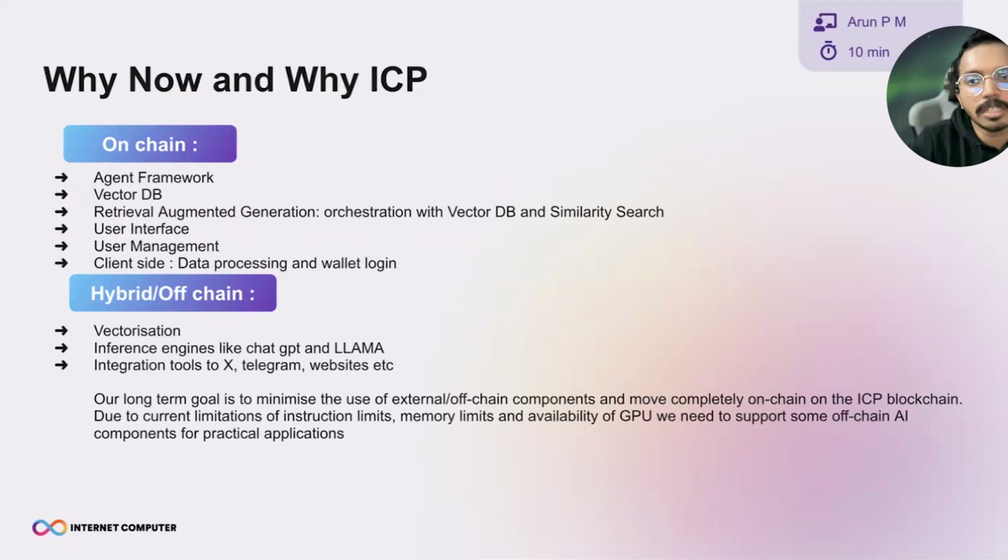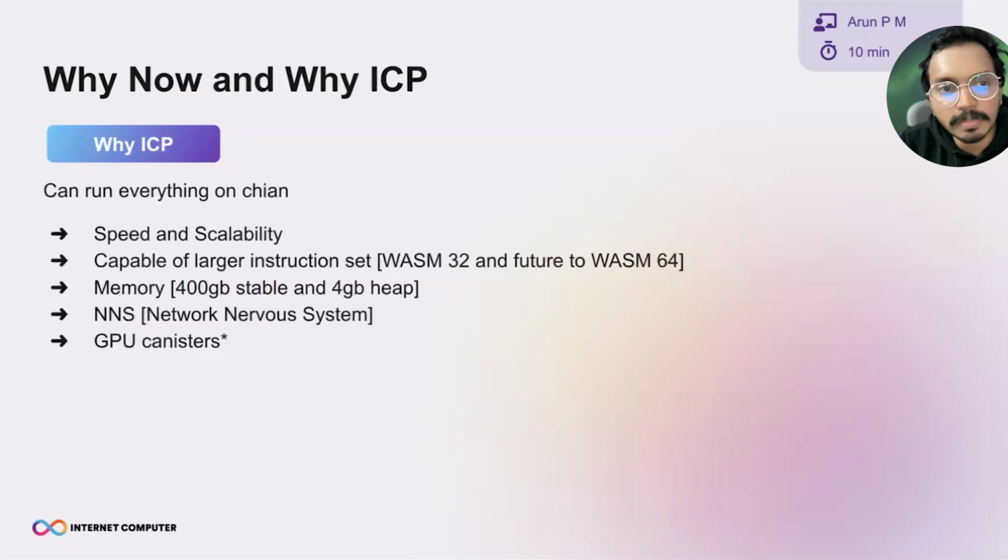I have a next slide which explains this in more detail, but it is a hybrid approach where most user data interaction happens on chain, and users can also use off-chain models as well as inference engines. On the client side, we also process this information. It's a combination of on-chain, hybrid, and client-side processing.